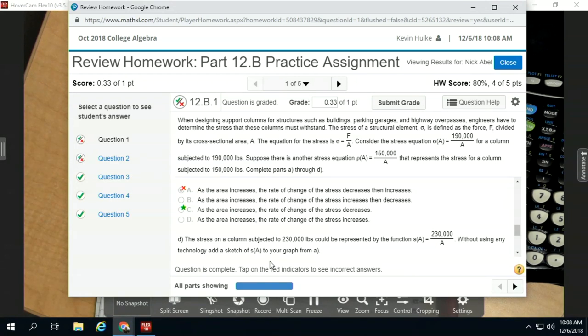As the area increases, the rate of change... Okay, and what are you saying the correct answer should be? Because I can't see that A is the correct answer. Because it doesn't go down and then back up. A is what you're telling me the answer is.